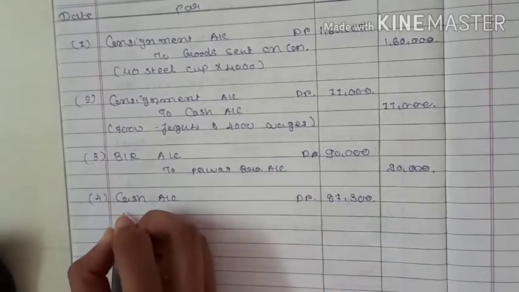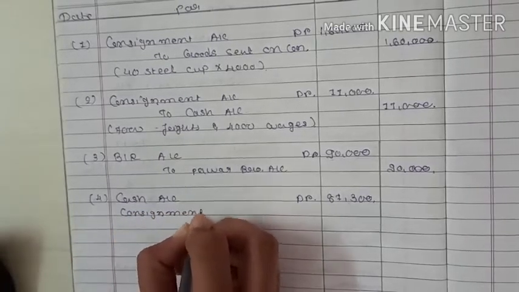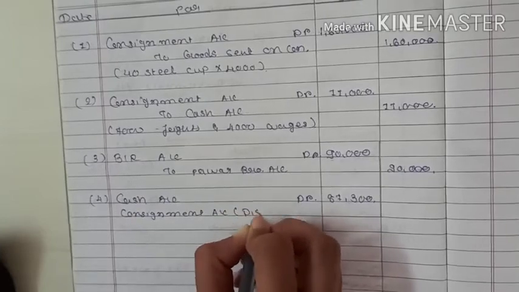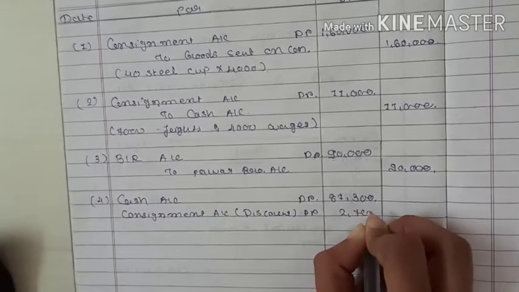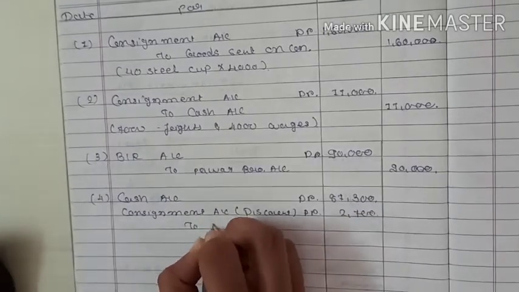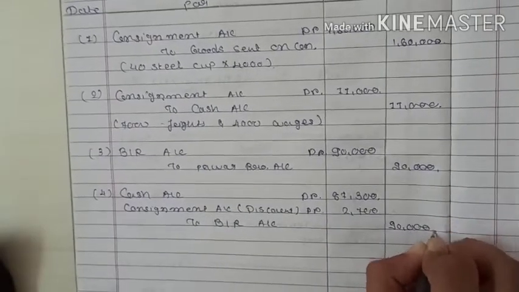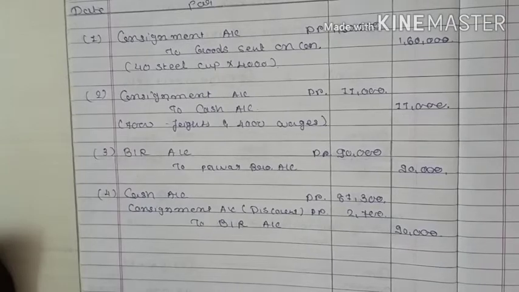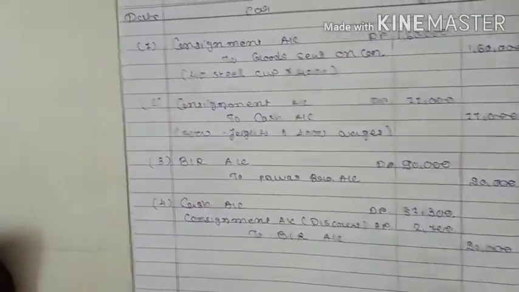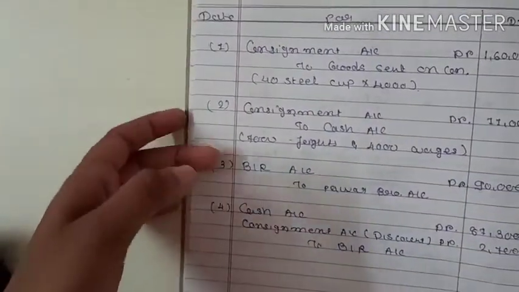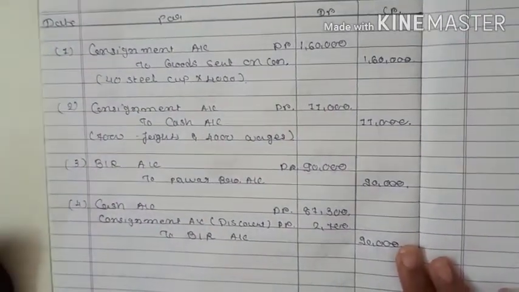So here we will write the consignment account in a bracket discount debit 2,700 to bills receivable account 90,000. Understood? Whatever consignment related transaction should be written in the consignment account only. Understood?